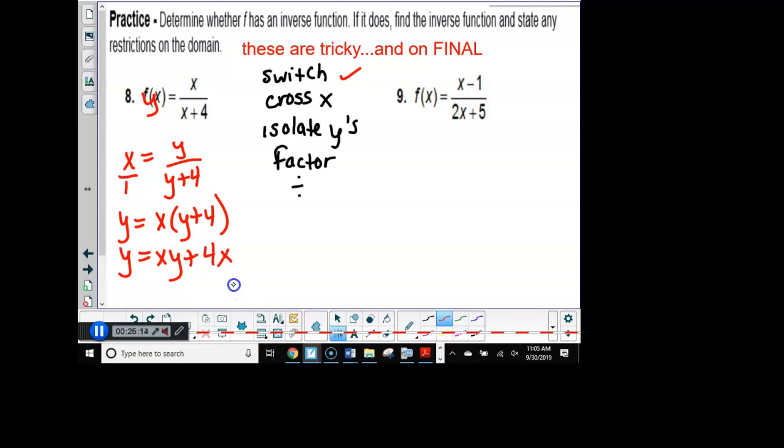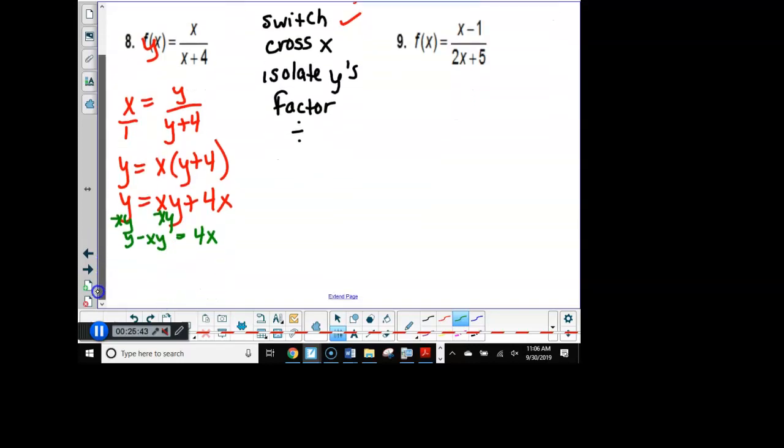You have to go ahead and distribute it, because now we're supposed to isolate the y's on one side of the equation. So what do I need to move over there with that other y? The xy, and when I subtract an xy, I have y minus xy equals 4x. Can I combine a 1y with a minus xy? No, they're not like terms.